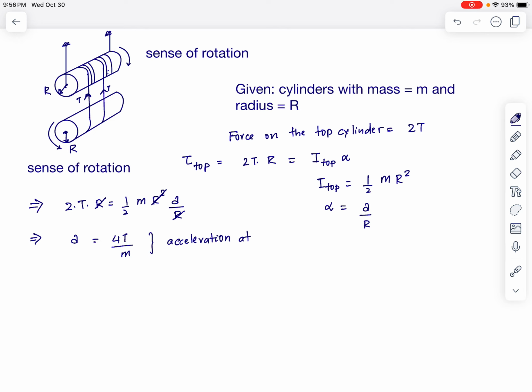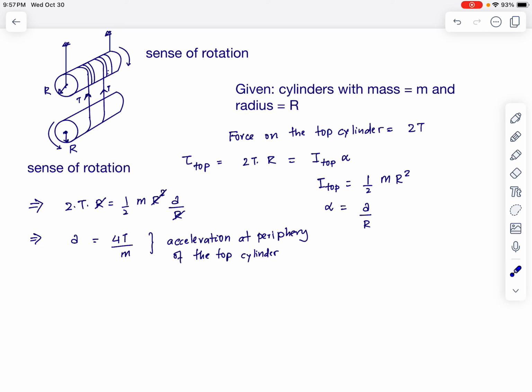So this is the acceleration at the periphery of the top cylinder. Okay, now we'll momentarily set that aside, and we will do the same computation for the bottom cylinder.